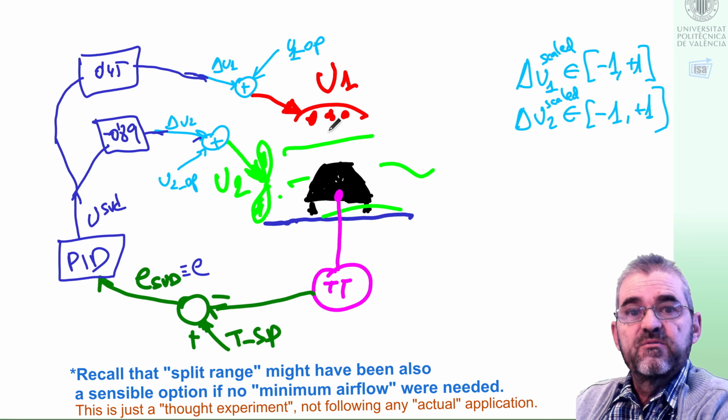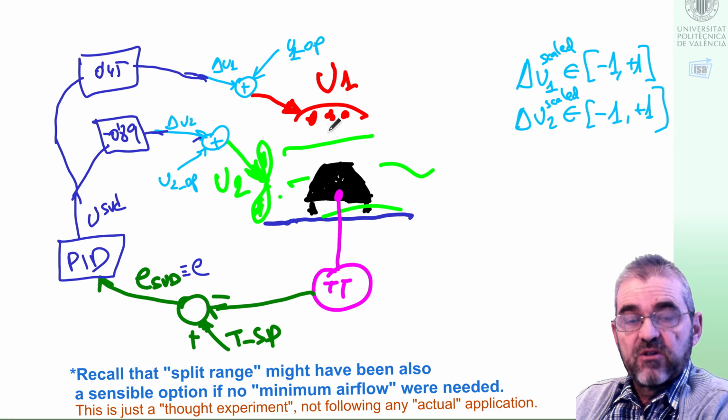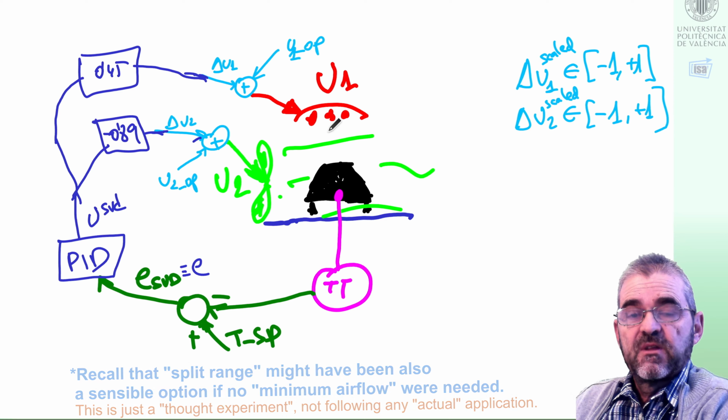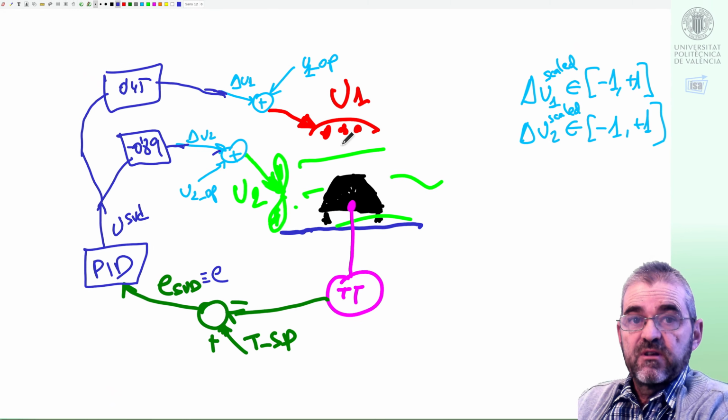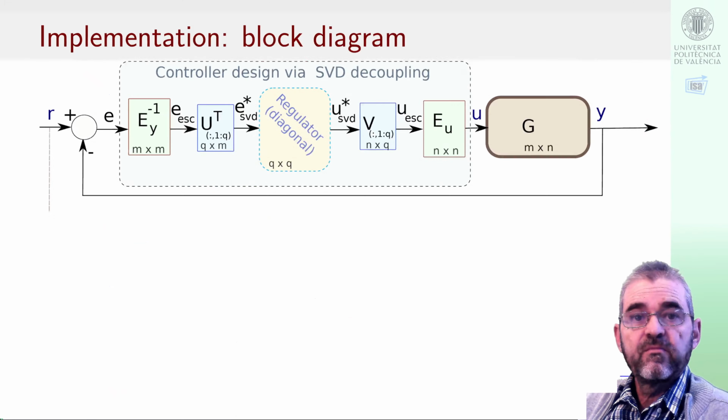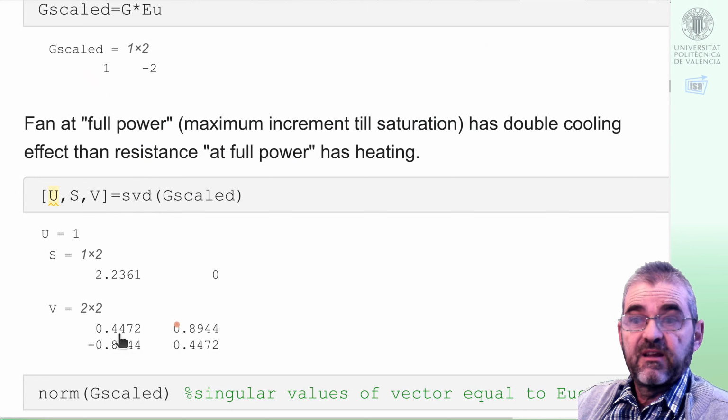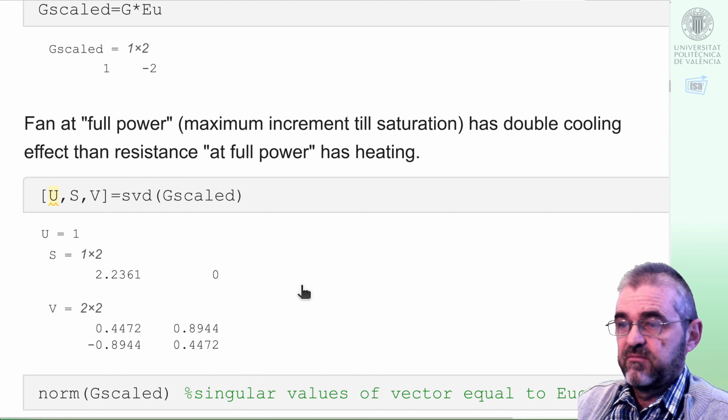Maybe split range would be a good option, but the thing is that the goal of this video is not entering into the technological detail on what's the best thing to do for temperature control in a cooking oven. The goal of this video was getting an intuition and common sense interpretation on what this SVD decoupling means and what the input directions and the null space and whatever mean in this simple example.